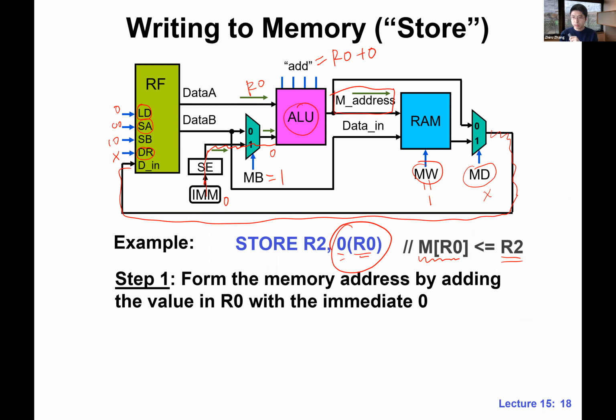The path is for when we are doing multiple operations, right? Like, which path? What do you mean by that path? I mean the path that you just highlighted that you said MD is X because it doesn't matter. Right. So one thing is, the ALU can only handle one operation at a time, right?